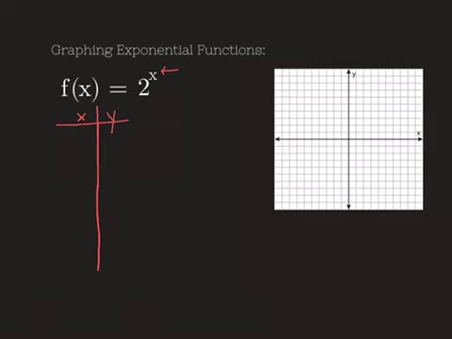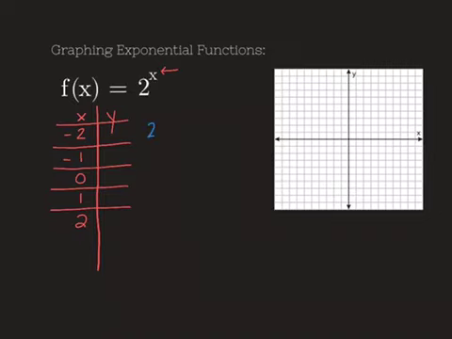We've looked at positive exponents, we've looked at negative exponents, we've looked at fraction exponents, so we could literally choose anything we wanted for x. But let's use those same values we've been using most of the semester, -2, -1, 0, 1, and 2. And we're going to plug each one of those in and get our y value.